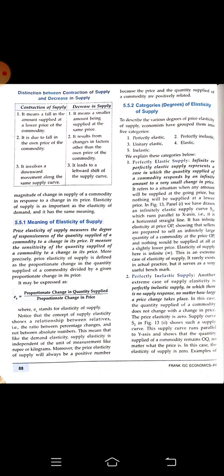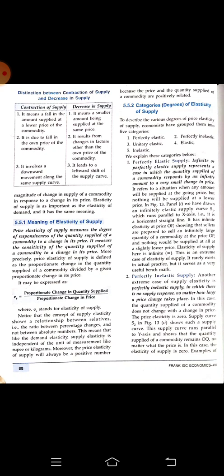So first, how are we going to understand the different degrees, or categories, of change in supply? One is perfectly elastic, another is perfectly inelastic, unitary elastic, elastic, and the last one is inelastic. Okay, so perfectly elastic supply means they're talking about infinity.